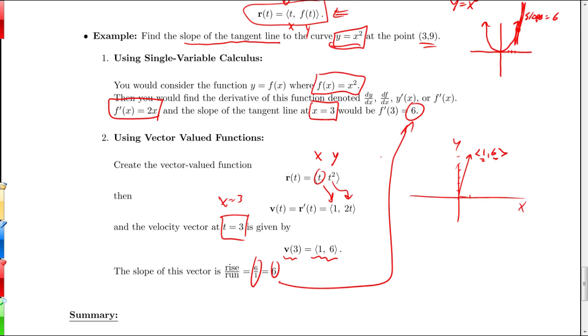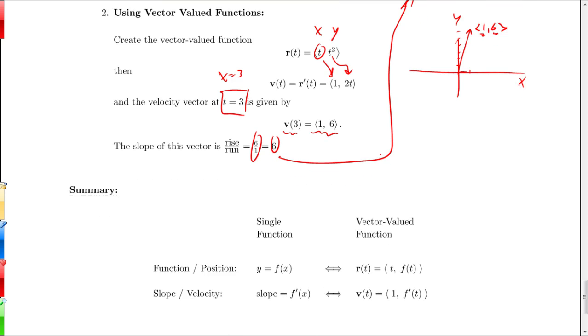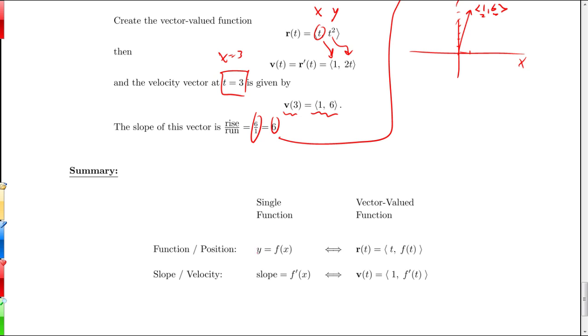To summarize this into a pretty straightforward rule, suppose you like y equals f of x. You can create that as a vector-valued function r of t, where x gets the t value, it's just t, and y gets f of t. Instead of the x, you stick a t in. And then if you want the slope, in standard single function form, slope is just called f prime of x.